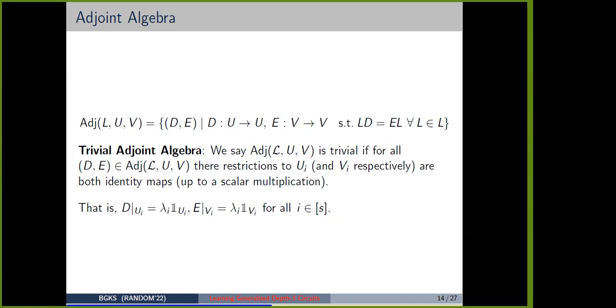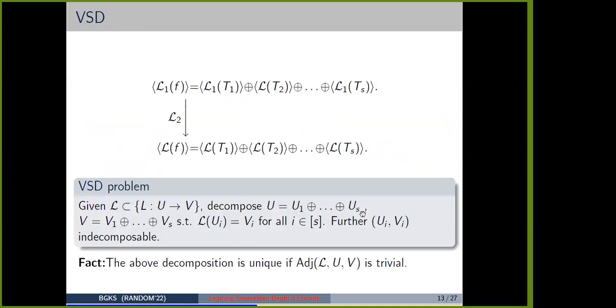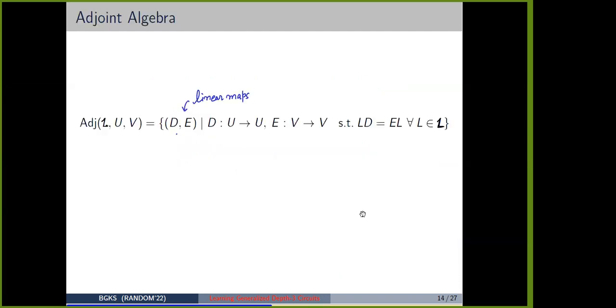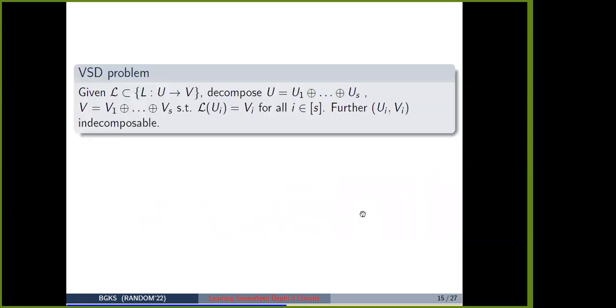So that's the adjoint condition. That will be our third condition. So that is the second non-degeneracy condition, right? The first we assume is the direct sum structure and equality, and the third would be that the adjoint algebra is trivial. And if we assume that condition, then we get uniqueness of decomposition, and not only that, we get something else.